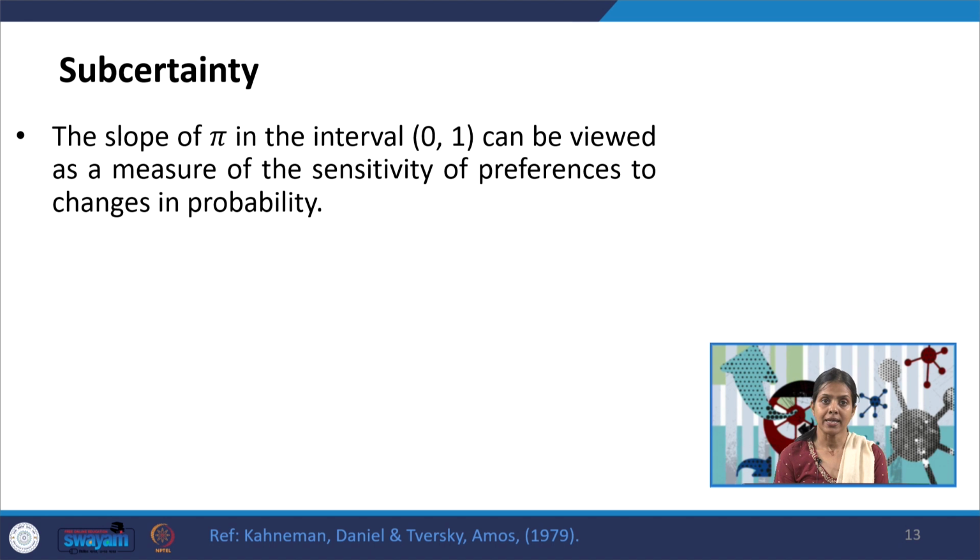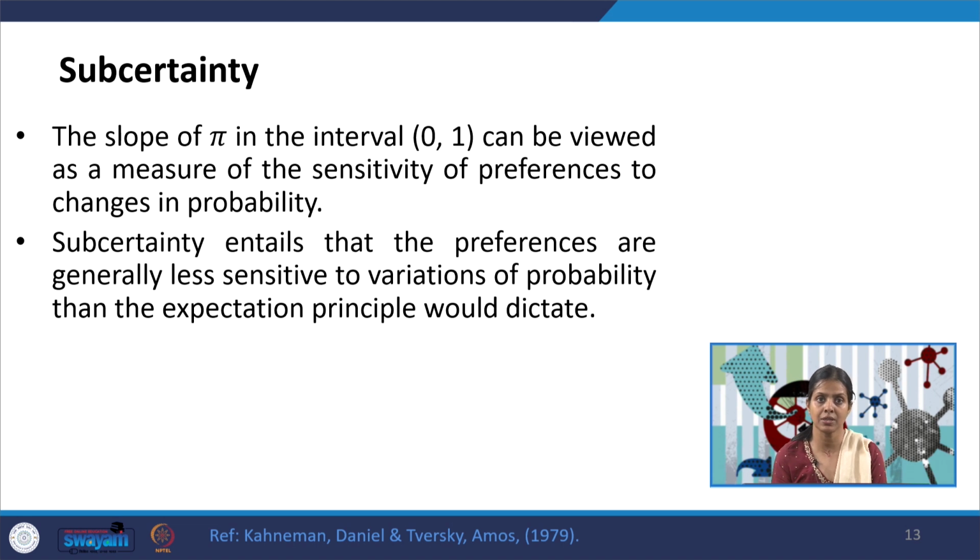The slope of π in the interval 0 to 1 can be viewed as a measure of the sensitivity of preferences to changes in probability. Subcertainty entails that the preferences are generally less sensitive to variations of probability than the expectation principle would indicate. In the expectation principle, it is the probability which reflects preferences. So, as probability changes, preferences also change, but in the case of π, when we are using the decision weights, they are less sensitive.